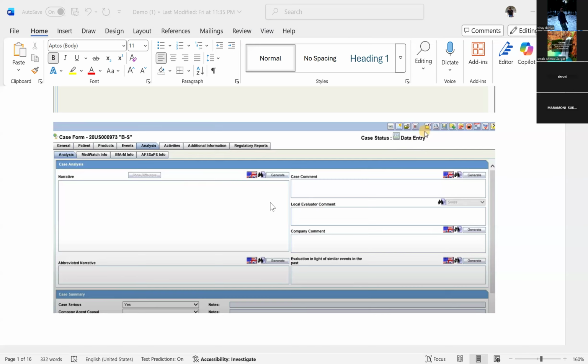Then it contains concomitant medications and different laboratory tests, and then outcome and reporter's comment.